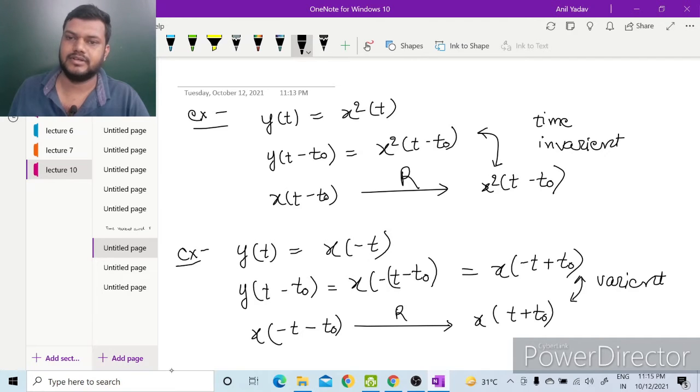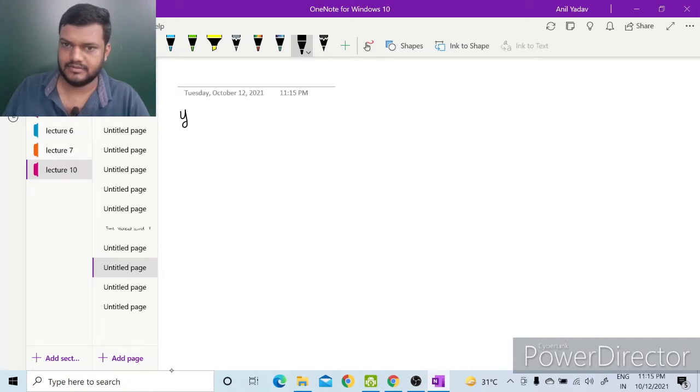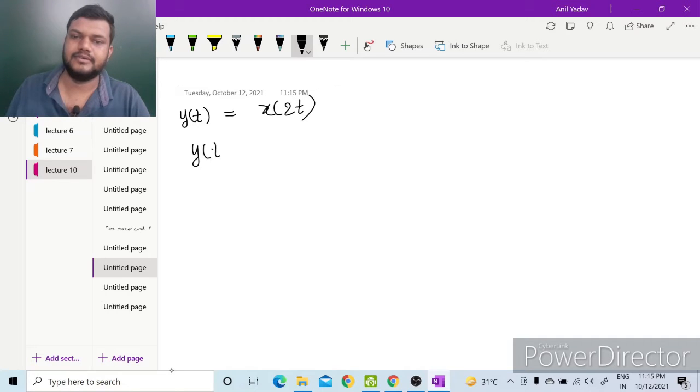Let us take another example. Let us say y(t) is x of 2t. First delay this by t naught: y(t minus t naught) becomes, replacing t with t minus t naught, x of 2 times (t minus t naught), that is x of 2t minus 2 t naught.